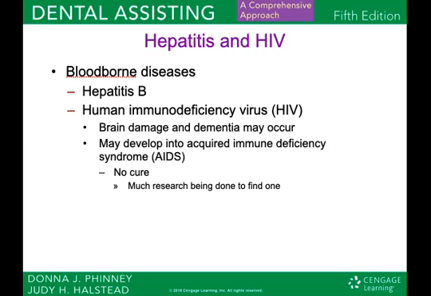If it is not treated properly, it may develop into acquired immune deficiency syndrome, also known as AIDS. There is currently no cure for AIDS or HIV, although there is much research being done to find one. These diseases are contracted directly through blood contaminated body fluids.